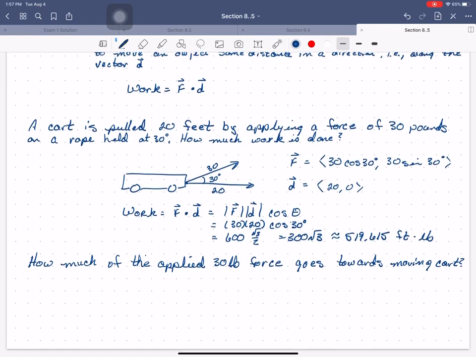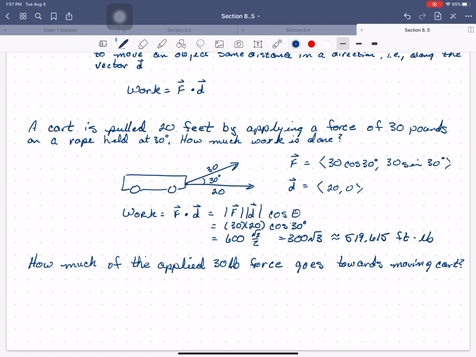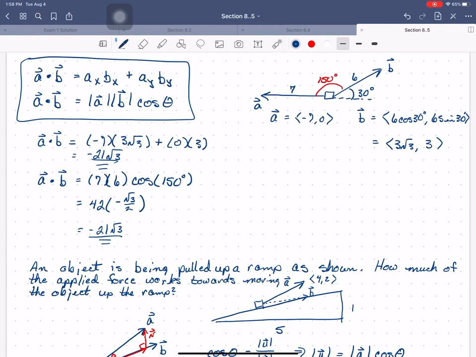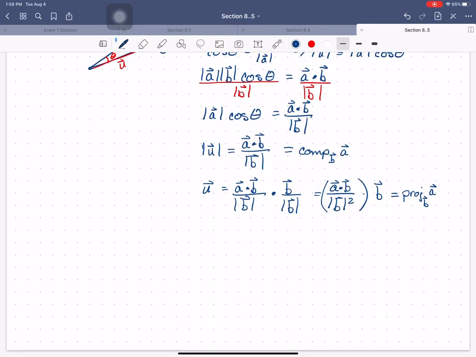That, what I'm asking for, is actually the magnitude, so the component of my applied force onto my direction vector. And we talked about that a minute ago. That's this guy, right?